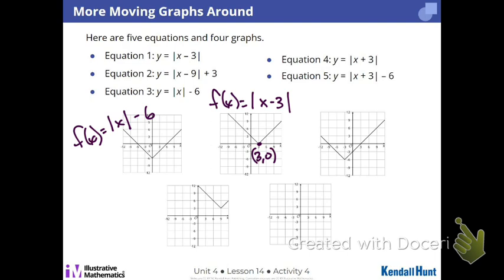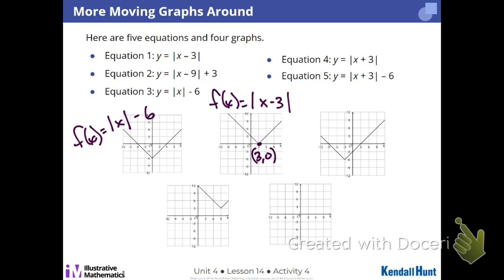So if I put 3 into here, 3 minus 3 is 0. Input 3 gives me output 0. It's basically saying what do you need to subtract or add to get back to 0. So let's say you messed that up and put plus 3. 3 plus 3 is not 0. So you can always check it by substituting a vertex.